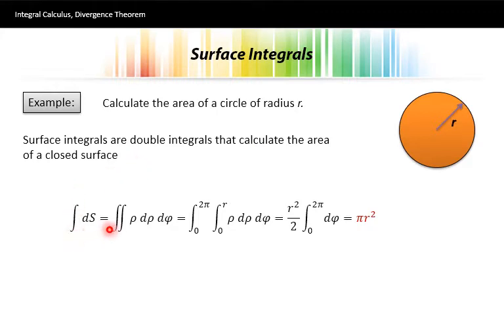So integration of ds in circle coordinates is of the following form, where phi varies between 0 and 2π and rho varies from 0 to r. If you carry out the integration with these limits, the result is πr squared, the familiar result for the area of a circle.